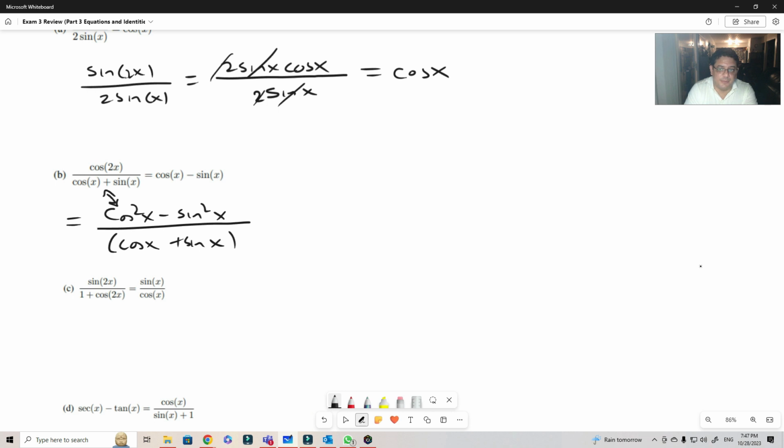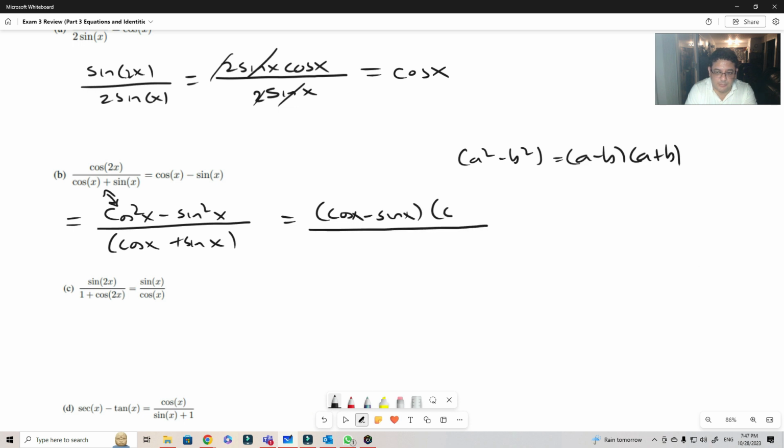But now, if you remember, when we have a difference of squares, we can factor this as a minus b times a plus b. And so this is cosine of x minus sine of x times cosine of x plus sine of x. And so now you can see what's going to happen. This is going to be canceled with this, and the only surviving thing is going to be the cosine of x minus sine of x.